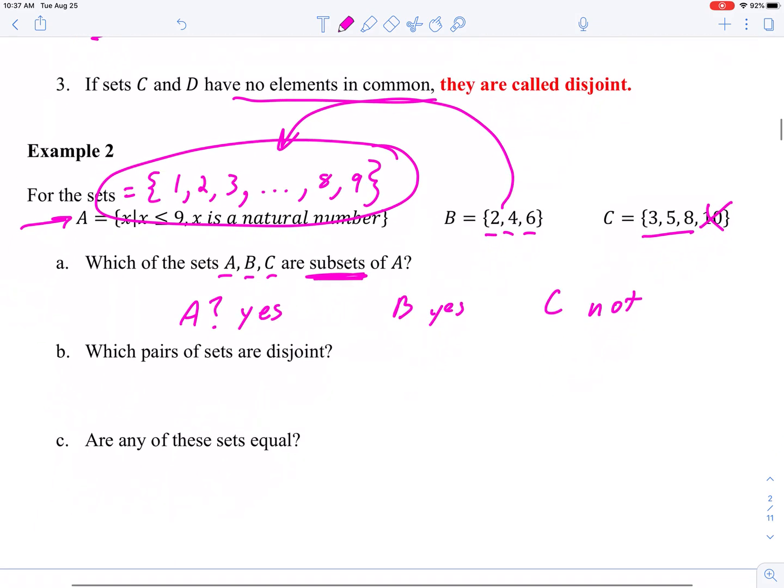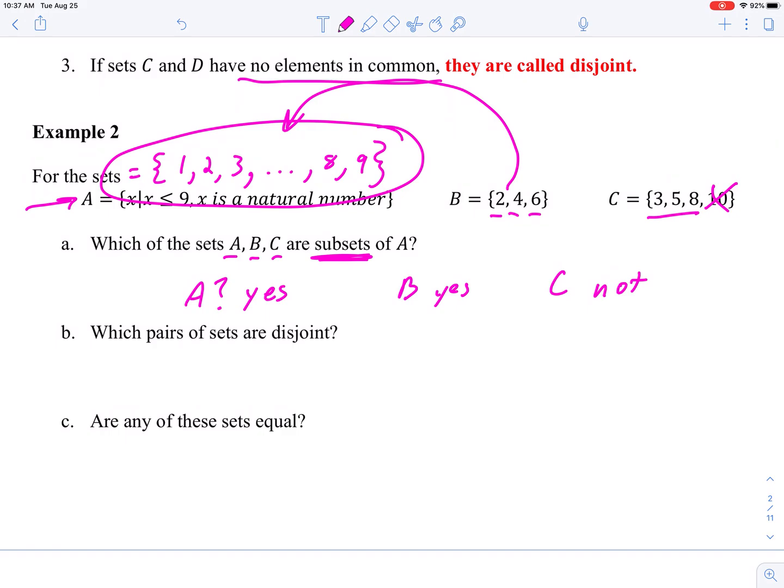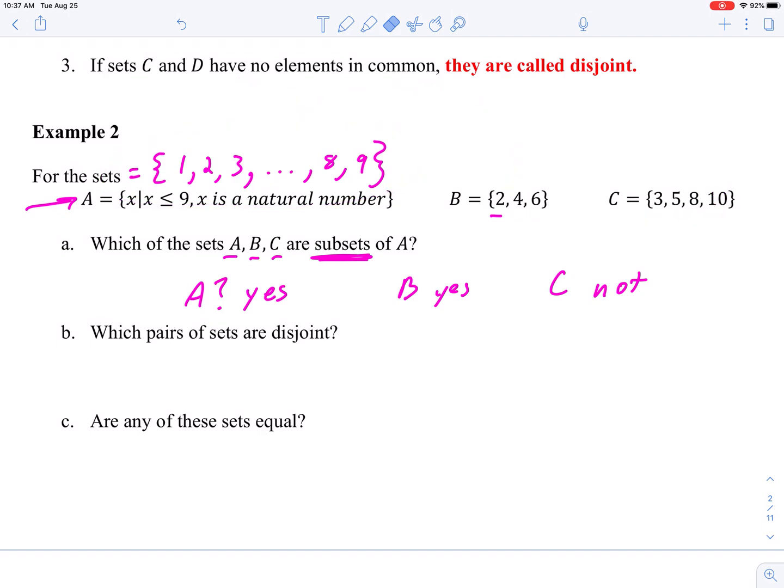Alright, moving on here. Part B, which pairs of sets are disjoint? In other words, which two sets, or any sets, have nothing in common? Let me clean this up a little bit here so we can see better. Right here, look at B and C. 2, 4, 6, but there's no 2, 4, and 6 in C, right?